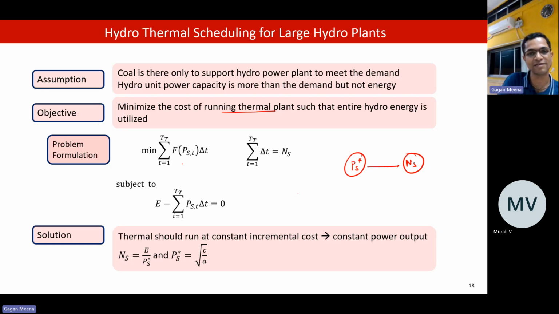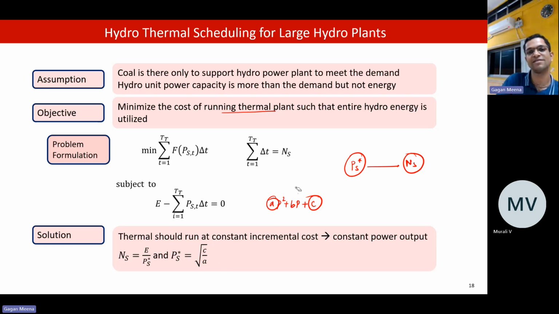If we minimize this cost function with respect to PS, we can find that PS will be this. For a cost function AP square plus BP plus C, PS will be the square root of C by A.